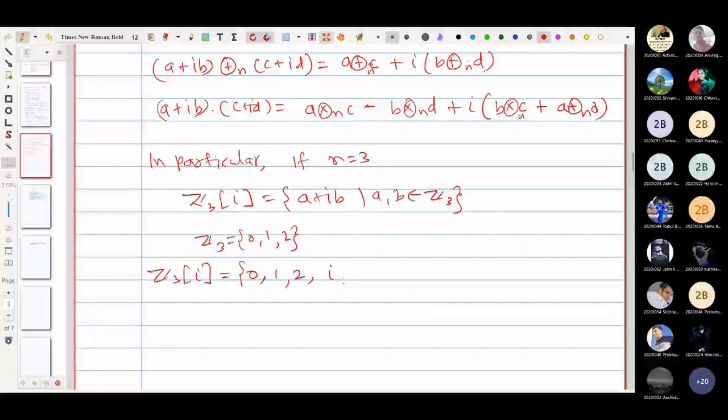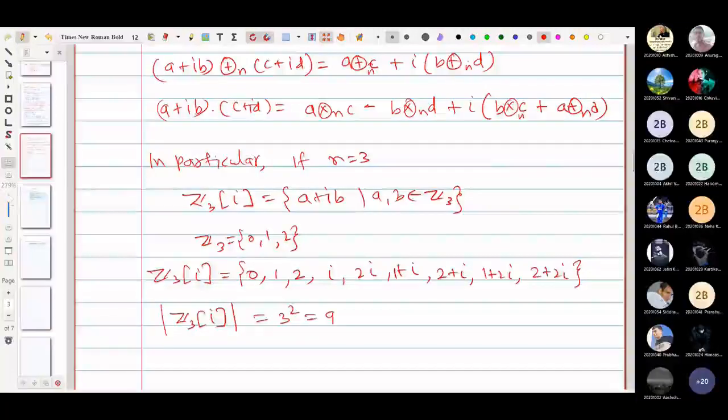Similarly, you will get i, then 2i, then 1 + i, 2 + i, 1 + 2i, and 2 + 2i. Counting: 1, 2, 3, 4, 5, 6, 7, no, 9. Yes, 9 elements. So the cardinality of this Z3[i], or we can say the order of this, is going to be 3 squared, which equals 9.